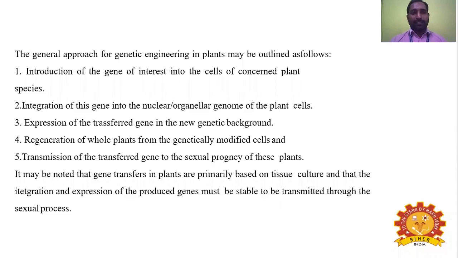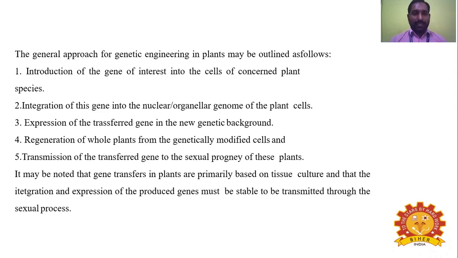Here we have the general approaches for genetic engineering in plants, which involve steps. The first is the introduction of genes into the cells of the plant species concerned. Next is the integration of the genes into the nuclear or organelle genome of plant cells.